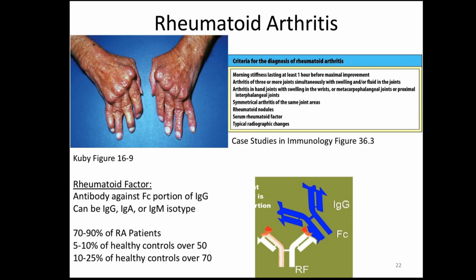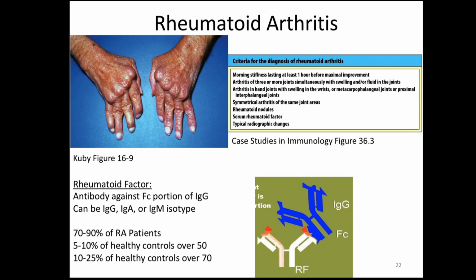It is an antibody against IgG. You make an antibody against the Fc portion of IgG. As a result, you make immune complexes of all your IgG. You basically take all of your IgG and bind it to this other antibody, rheumatoid factor, which is the self-reactive antibody. That is what leads to all of this joint damage because you're getting these immune complexes deposited in so many of the joints.